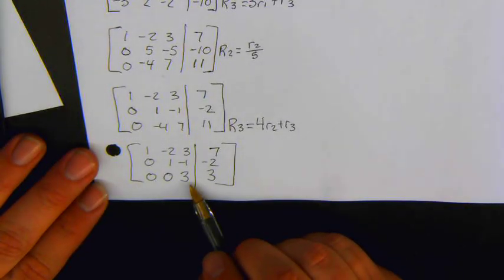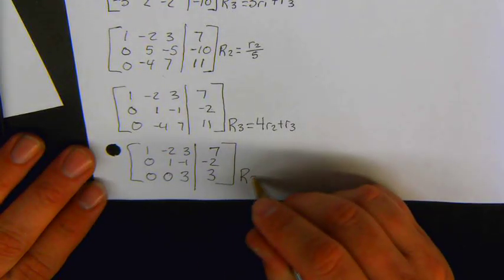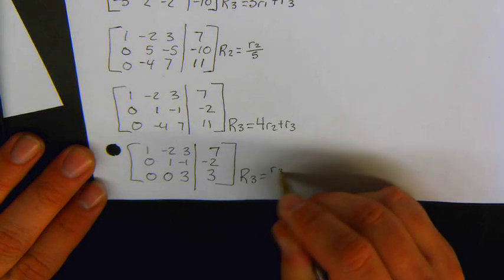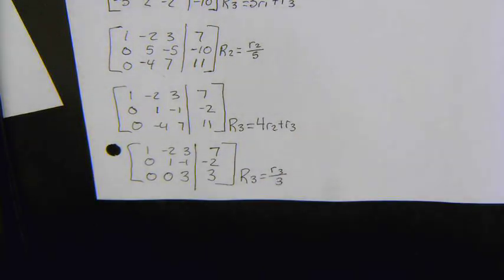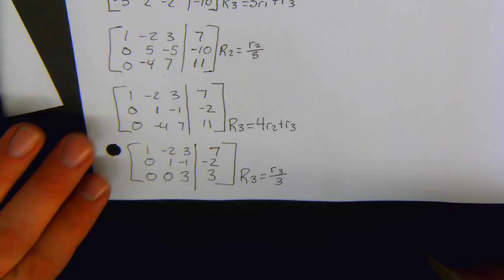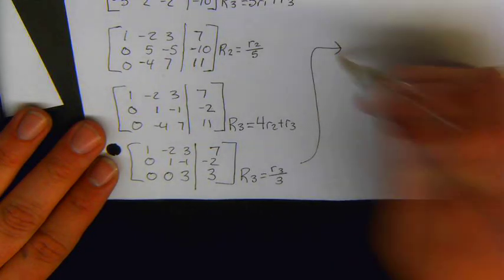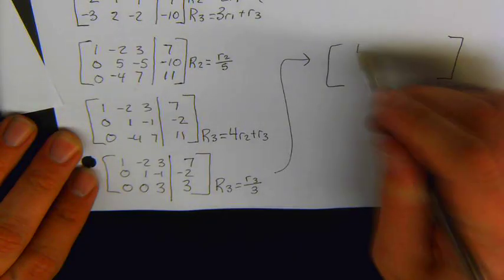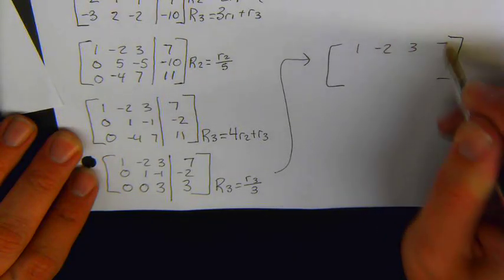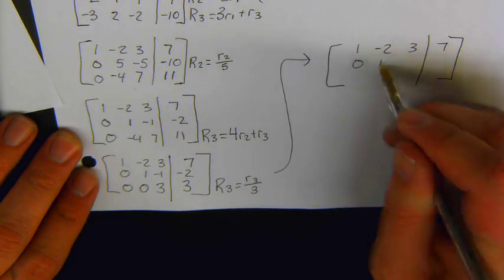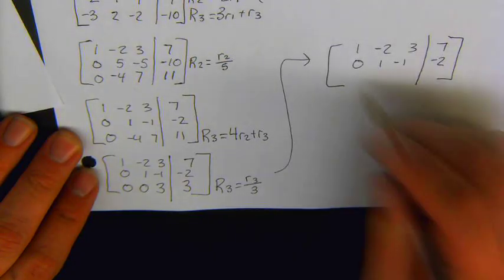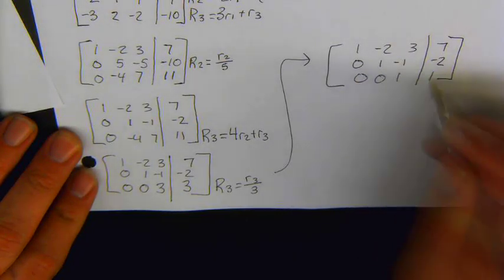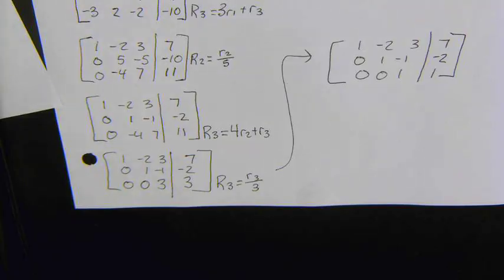And so we could just take row 3, divide it by 3 to get our 1 there. Okay, so now I have 1, -2, 3, 7, 0, 1, -1, -2, and 0, 0, 1, 1. We have achieved row echelon form.